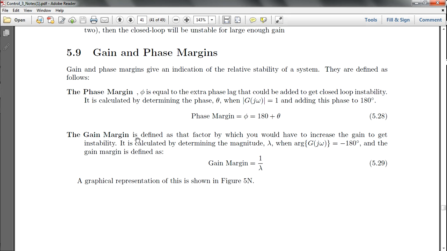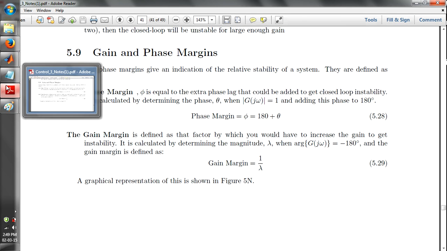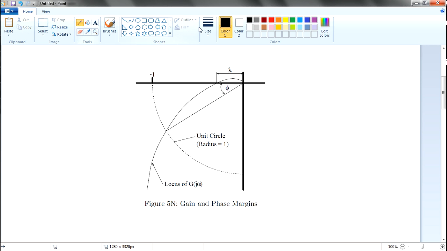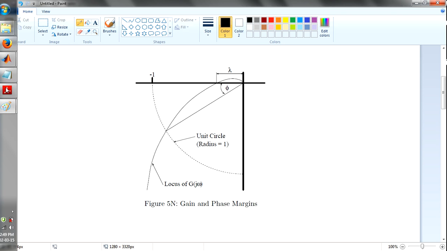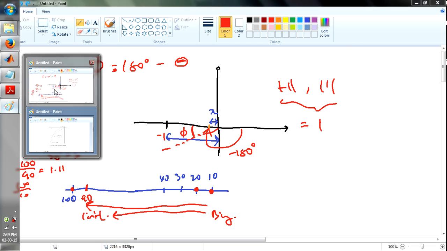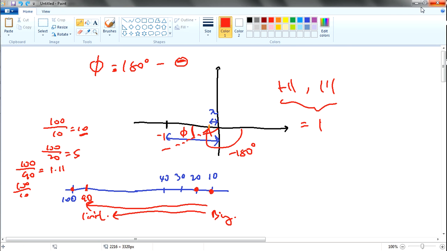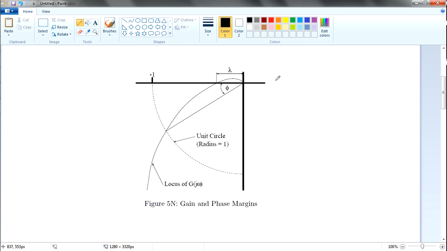So this is actually phase and gain margin, and therefore if you take a look at this picture over here, this is a nicer drawn picture than the one I drew earlier. Okay, it's the same thing. It is the real axis over here, and this is the imaginary axis. As you can see, this is the lambda that I'm talking about. So the magnitude of 1 divided by this position will give you the gain margin.